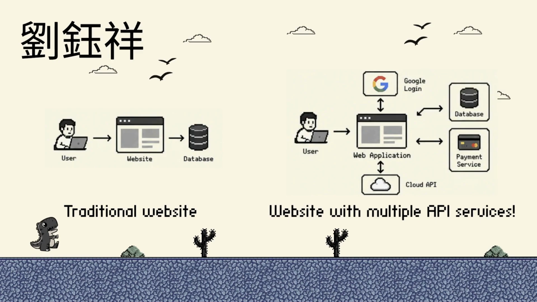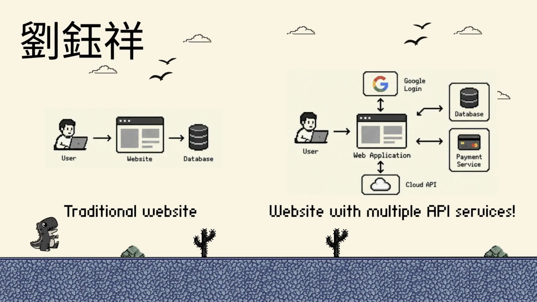Before, when I built websites, most of them were relatively simple and independent systems. Usually the structure was just a user, a website, and a database. But after learning modern web development, I realized websites today are very different.